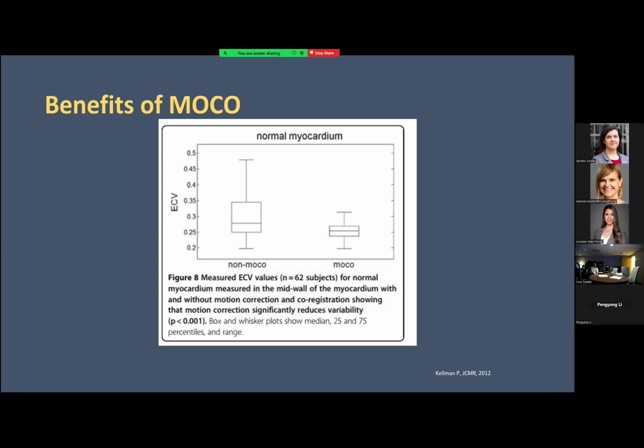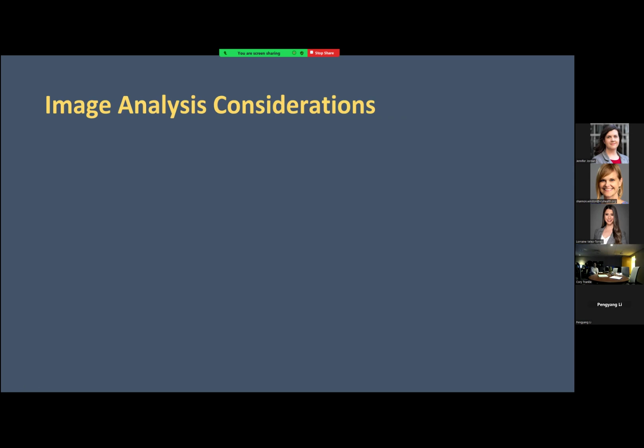So the overall benefits of it are positive and outweigh the downsides, but we just need to make sure that when we're doing any analysis on a map, that we're trusting the underlying data that we've acquired. A few other image analysis considerations as we wrap up here.